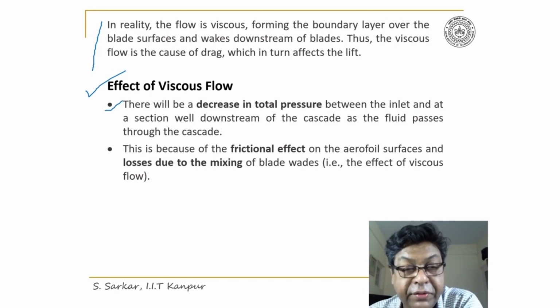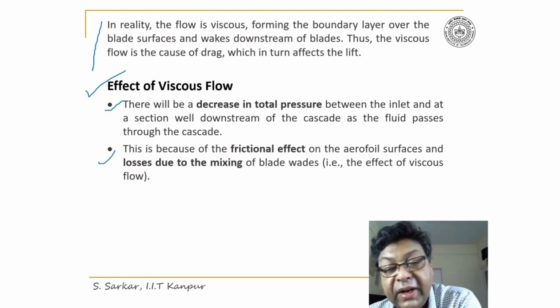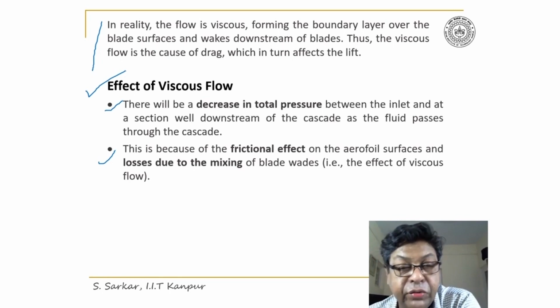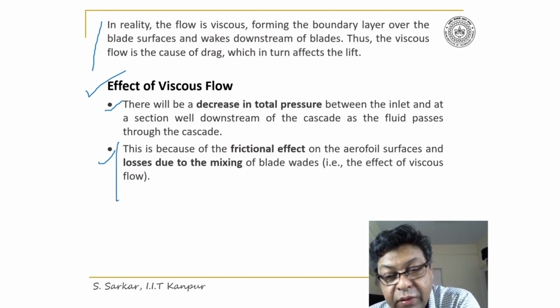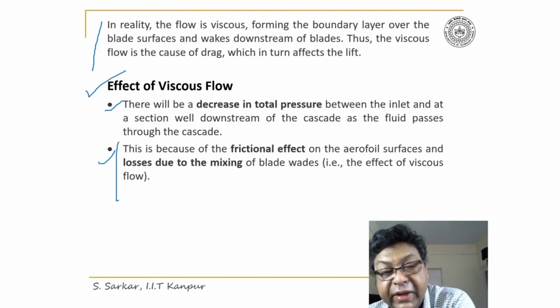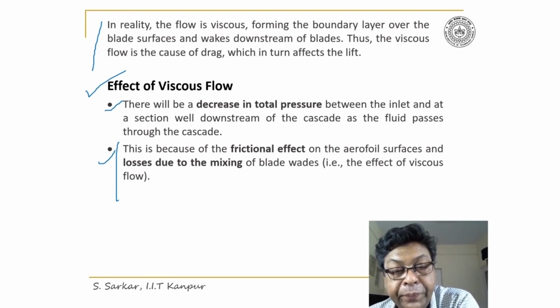This is because of frictional effect on the blade forming boundary layer and losses due to mixing of wake behind the blade. Thus, there are two components of pressure loss. One because of skin friction on the blade surface, and the second due to the mixing loss behind the blade.